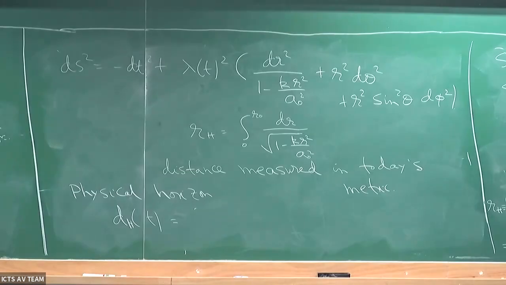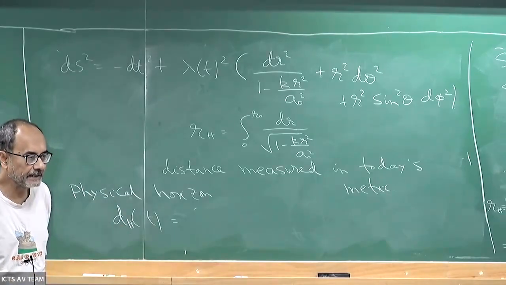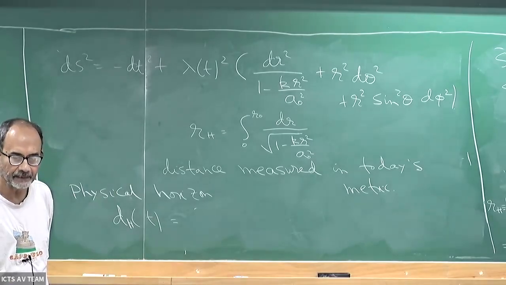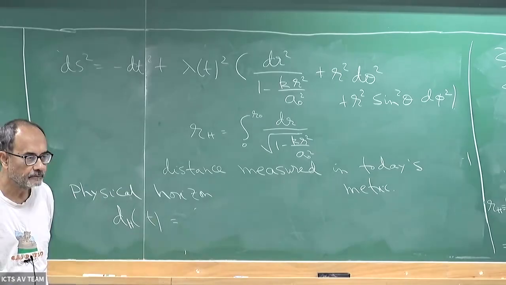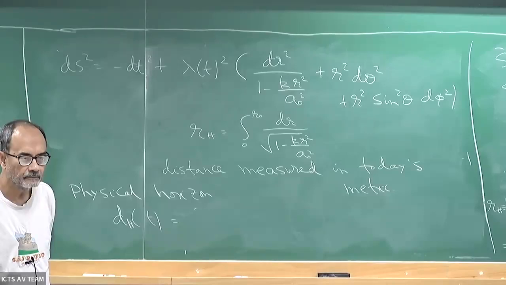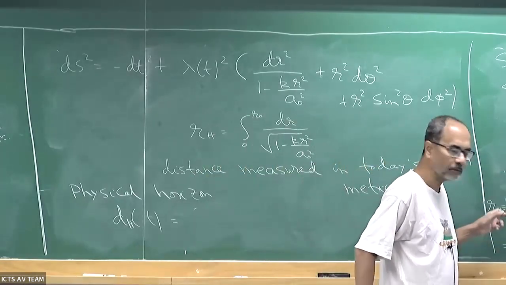It will reach the same point R0 at time t. That is not going to change. It's only a question of how much that distance between 0 and R0 is by the metric at that time. So here I calculated this quantity which I defined as RH.